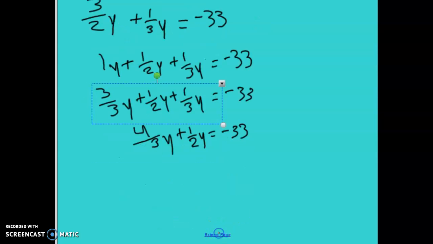Okay, now what do I do, right? Well, I have my 4/3 and I have my 1/2, and really there's only one substitution that I can make so that I can get this all the same, okay? And that is by using our sixths, okay?